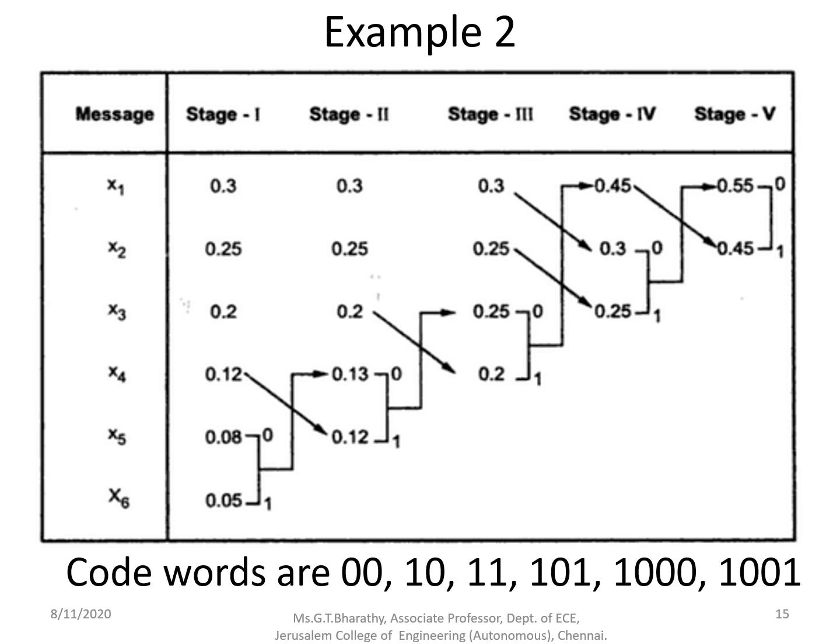So 1000 will be the code word, 1 followed by 3 zeros. And for the last case it is x6. We have a 1 here. So 1, 0, 0, 1. So 1001 will be the code word for x6.